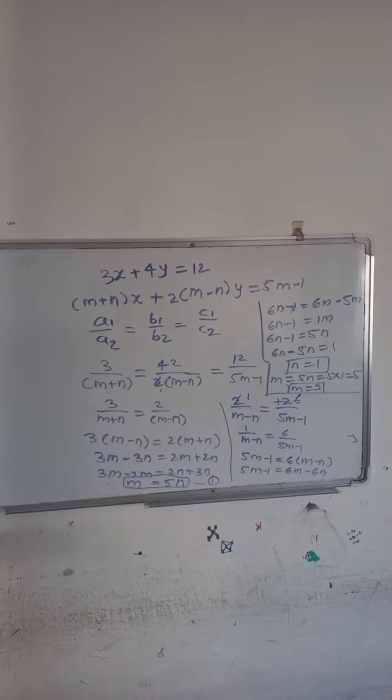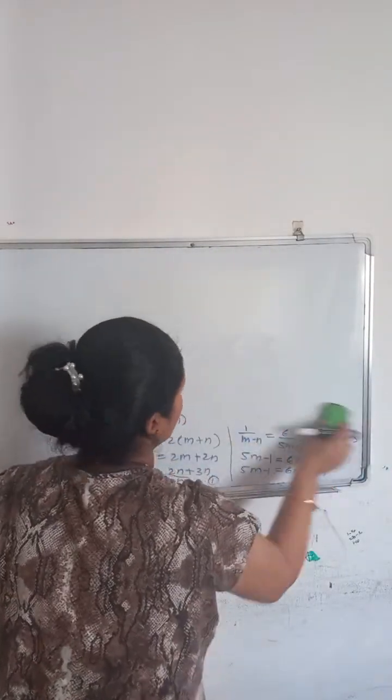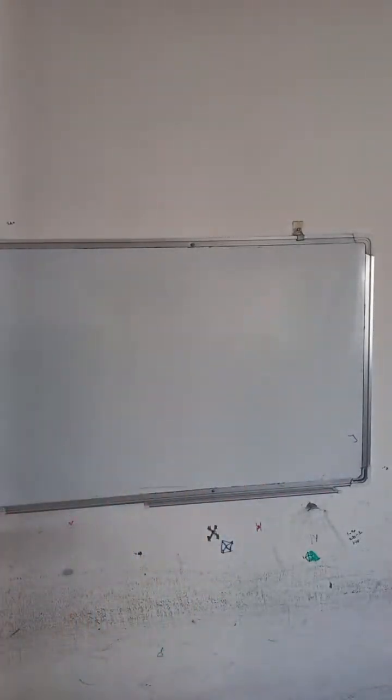Determine graphically whether the following pair of linear equations 3x minus y is equal to 7 and 2x plus 5y plus 1 is equal to 0.